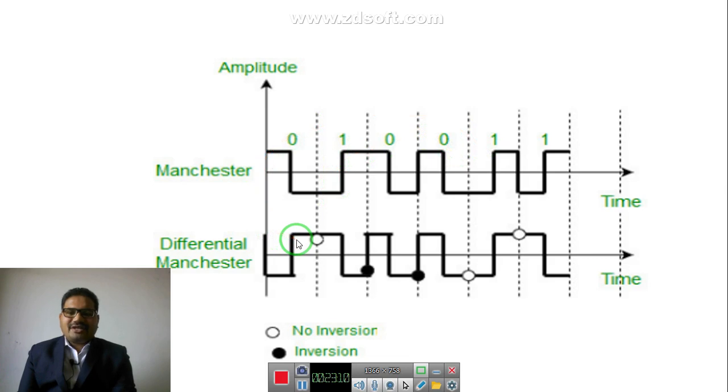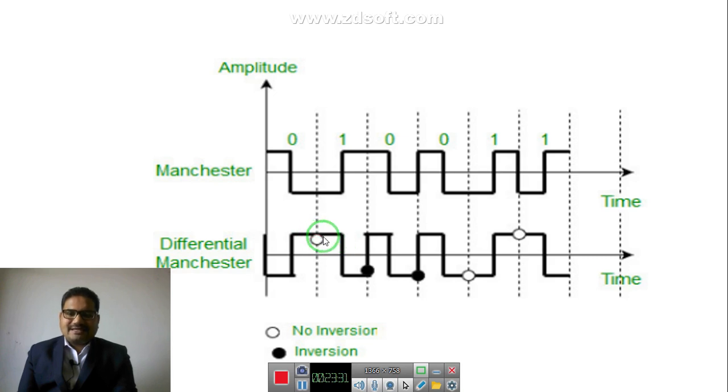But in differential Manchester, you can see that for 0 there is a transition. We are assuming earlier it was positive. Since the next bit is a 0, it is going to make a transition from minus V volt to plus V volt. But the next bit is a 1, so it is not going to make any transition.